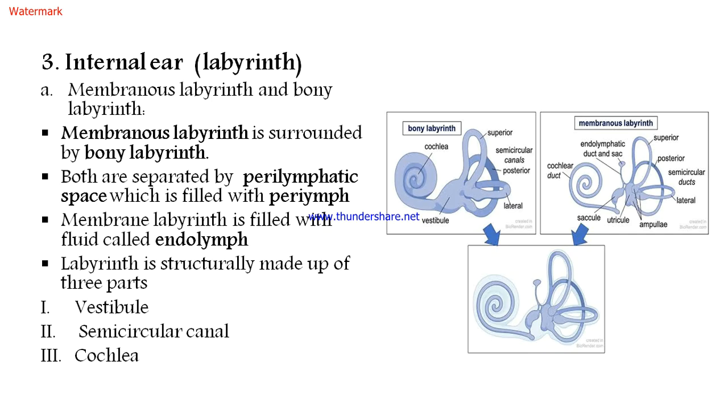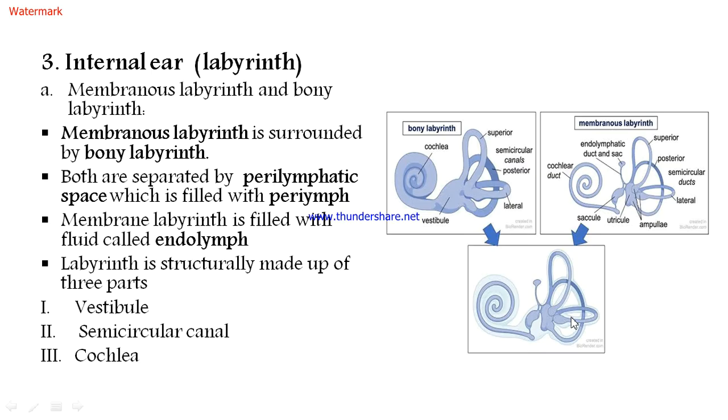Both are separated by the perilymphatic space, which is filled with perilymph. The membranous labyrinth is filled with a fluid called endolymph.